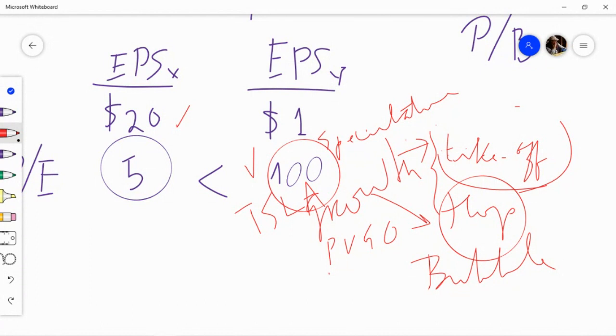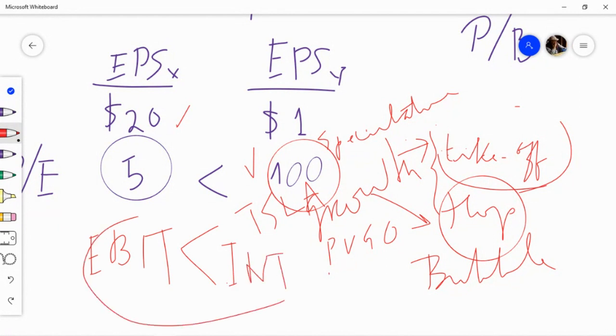No, they did sell cars, but their EBIT, from sale of their cars, was less than interest. In other words, they had huge debt. Their capital structure was probably like 20% equity, 80% debt, or something.